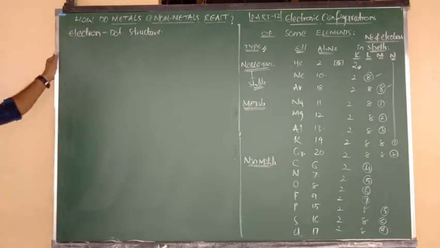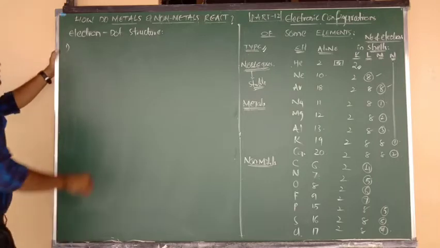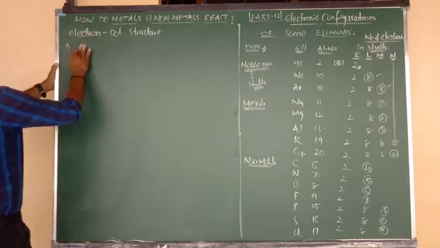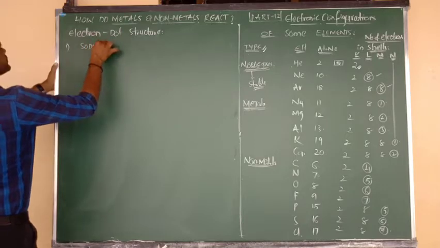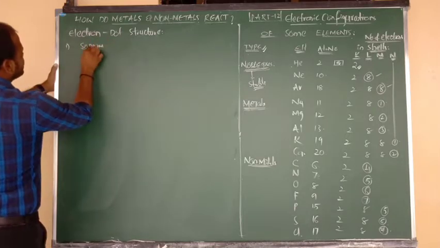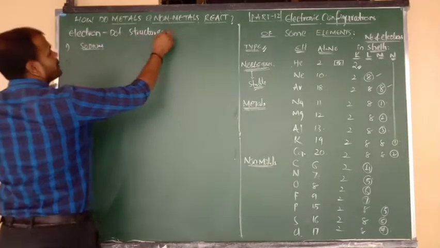In that, number 1 is sodium, we will discuss. Which metal? Sodium. So how to write the electron dot structure? Sir, what is meant by dot? That's what I want to tell you first of all.